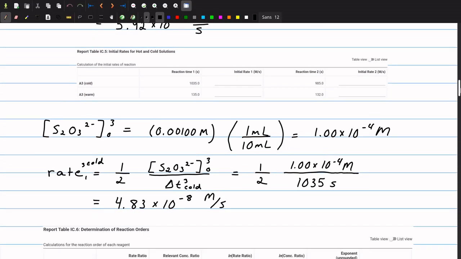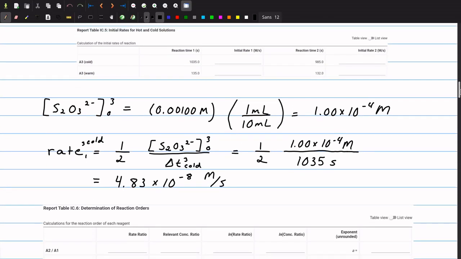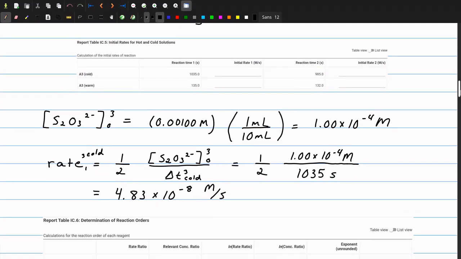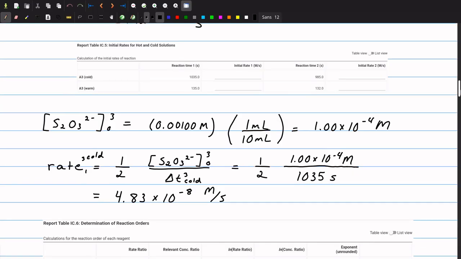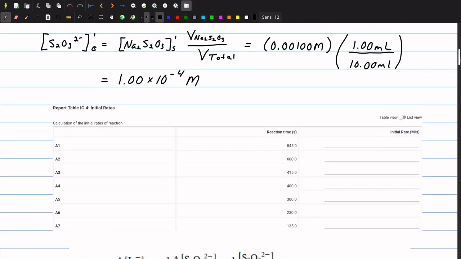For this reaction here, we're going to have the exact same type of situation. We're going to have to go to A3 now. I still get the initial concentration of thiocyanate to be 1.00 times 10 to the negative 4 molar. Why is that the same?